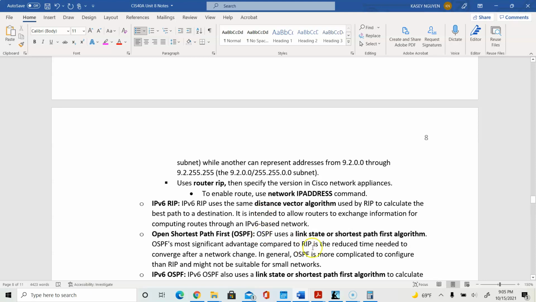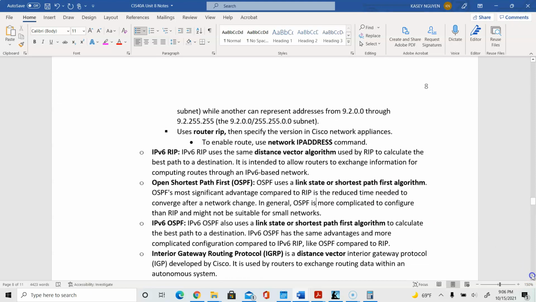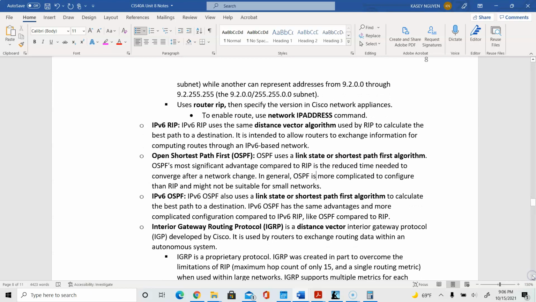Open shortest path first, your OSPF, uses link state and the shortest path first algorithm. This is faster than using RIP in that it converges quickly after the network changes. It is a little bit more complex to configure, but you commonly see open shortest path first being used.